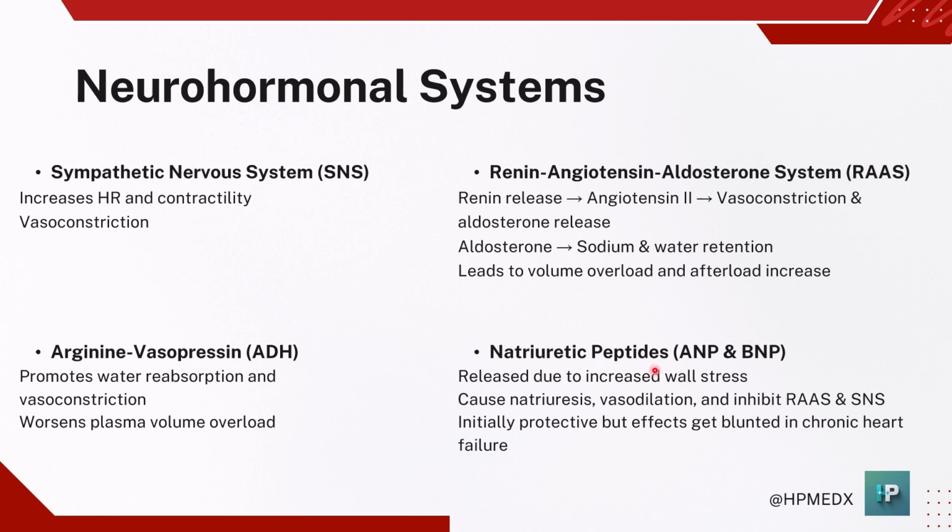And then natriuretic peptides, atrial and brain, and they are released due to increased wall stress by increased volume, and they have a protective effect, and result in natriuresis, and then vasodilation and inhibition of RAAS and SNS, so that it will be protective.